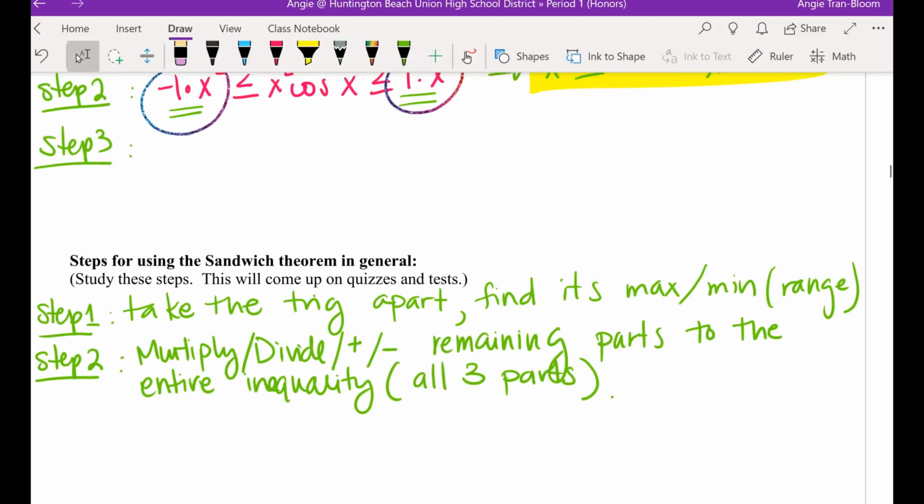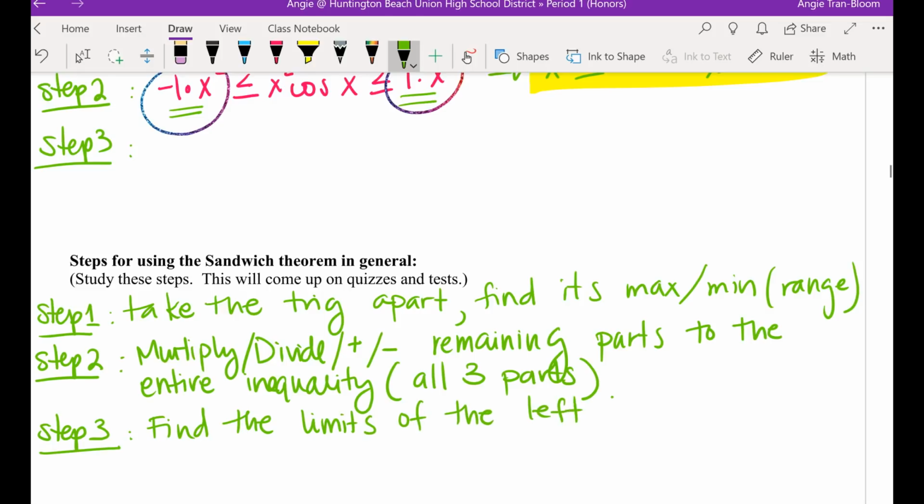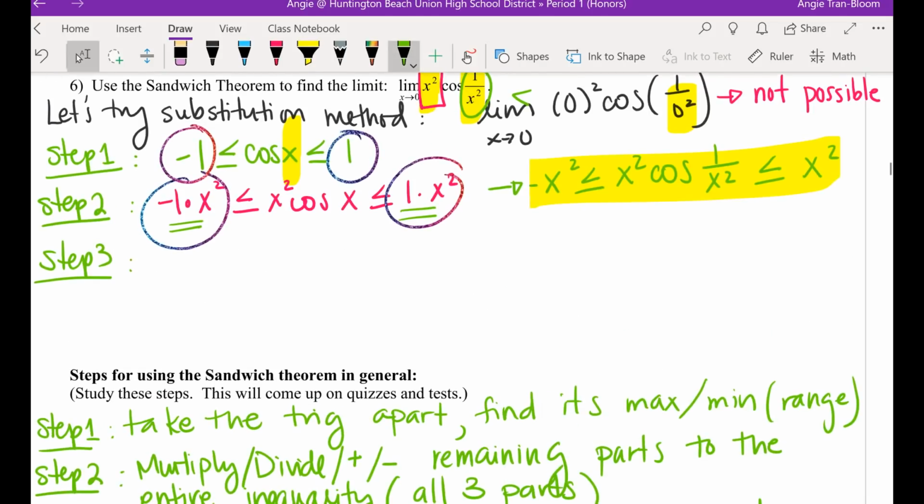Find the limit. So I'm going to write down here, step 3: find the limit of the left and right side. Okay, so let's do that. Find the limit of the left, limit as x approaches 0 of -x squared.